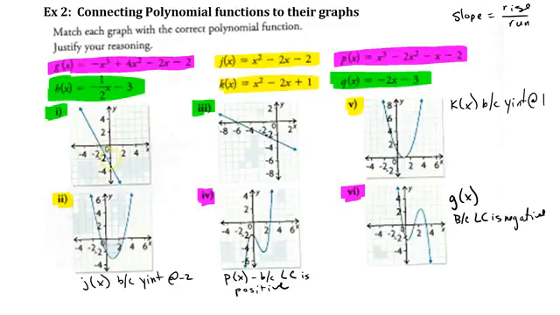This one doesn't match with this one, but let's see this one. Rise 1, run of 2. So our h is actually going to match up with our graph 3.